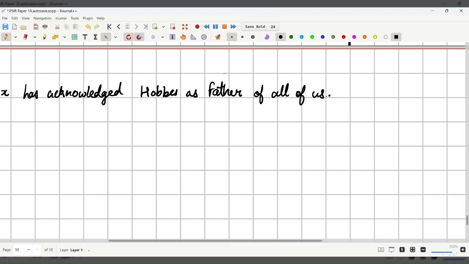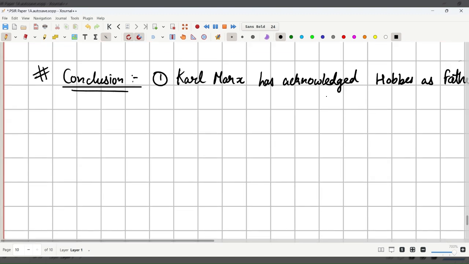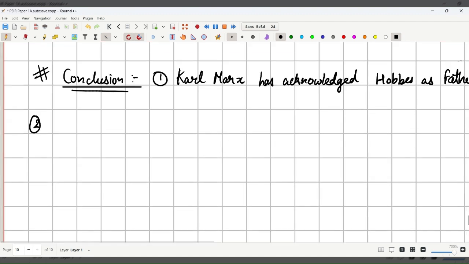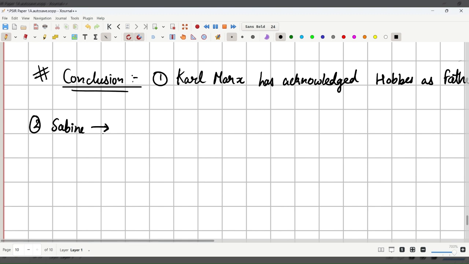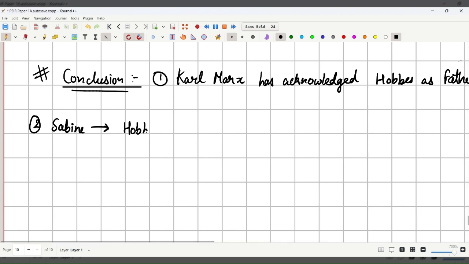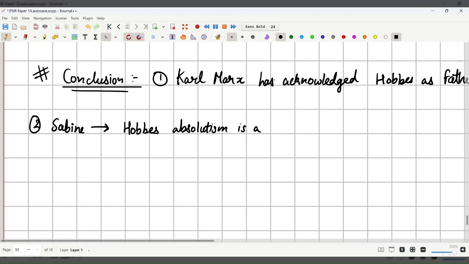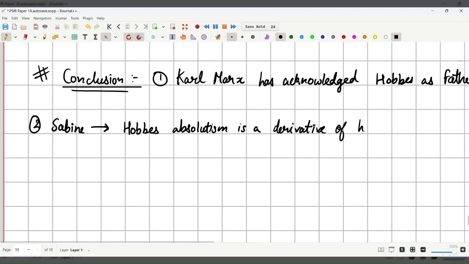Okay. Then you can also quote here Sabine, who comments that Hobbes' absolutism is a derivative of his individualism.